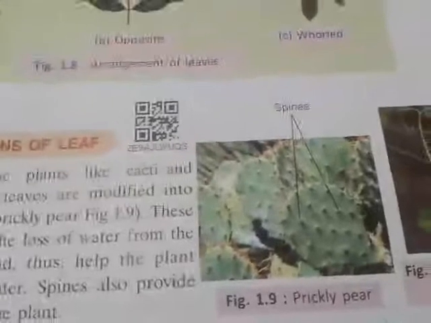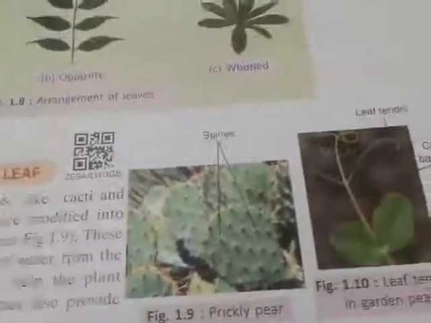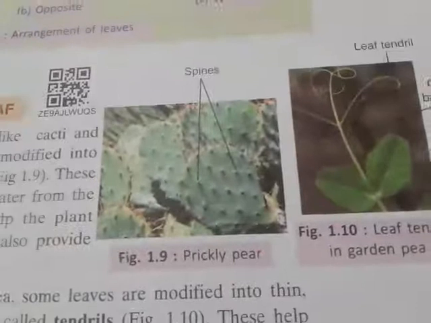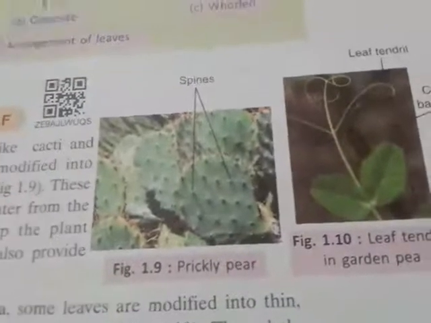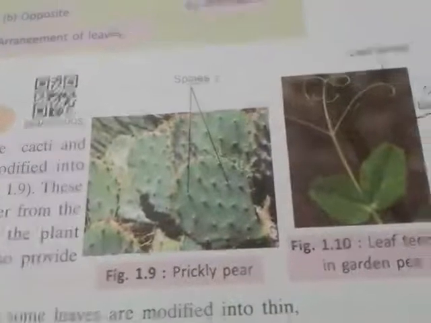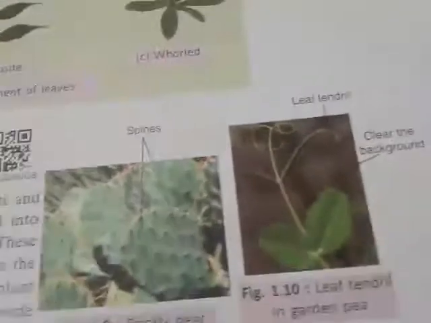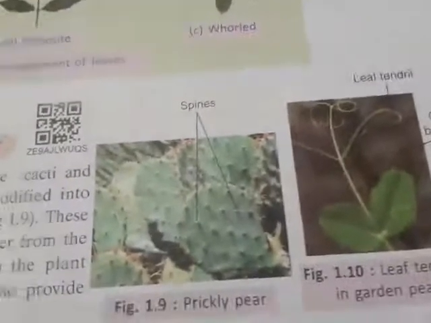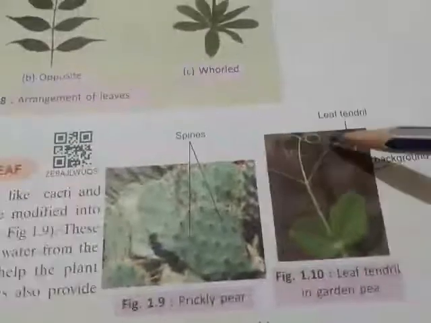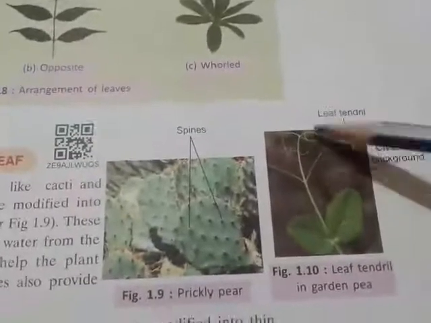Okay, so this kind of leaf modification is required for plants like your garden pea. All of you have seen the pea, which has leaf tendril-like structures. Sometimes some leaves are coiled like a thread-like structure, called a tendril, meaning coil-like structure.